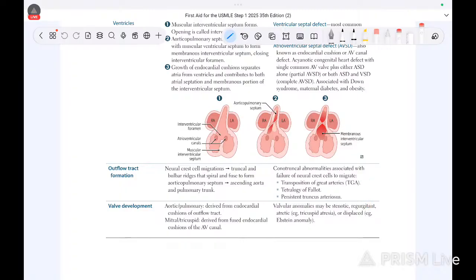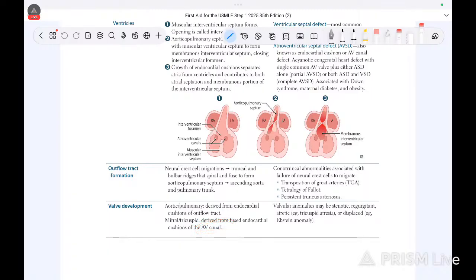Next, there is valve development. The aortic and pulmonary valves are derived from the endocardial cushion of the outflow tract, as we just saw here. The mitral and tricuspid valves are derived from fused endocardial cushions of the AV canal.